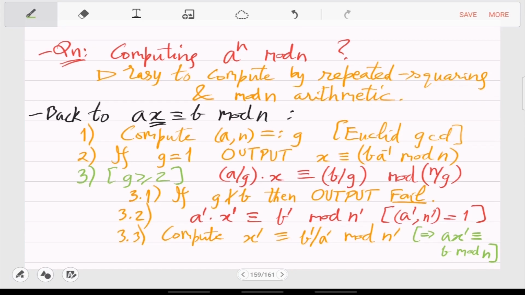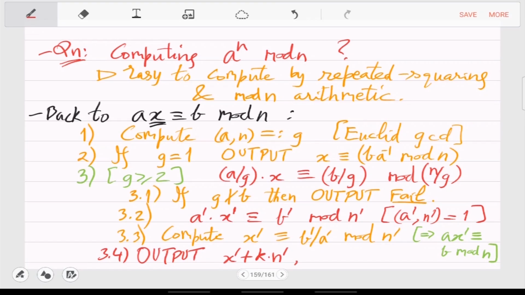the claim is that there are more solutions than x prime. What are the other solutions? Exactly, so you should actually output that. So you output x prime plus k times, no, I don't think it's kG, it should be k N prime.